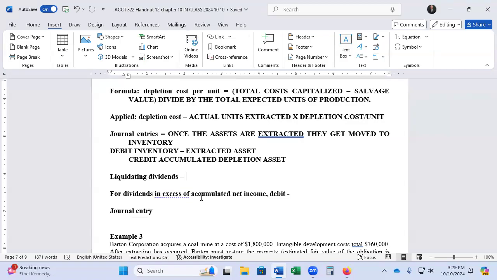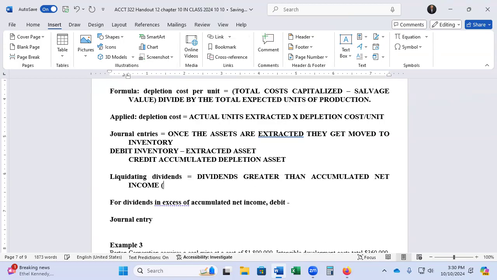And then we have a couple other terms here. And for liquidating dividends, those are dividends greater than accumulated net income, which we know accumulated net income is equal to retained earnings.